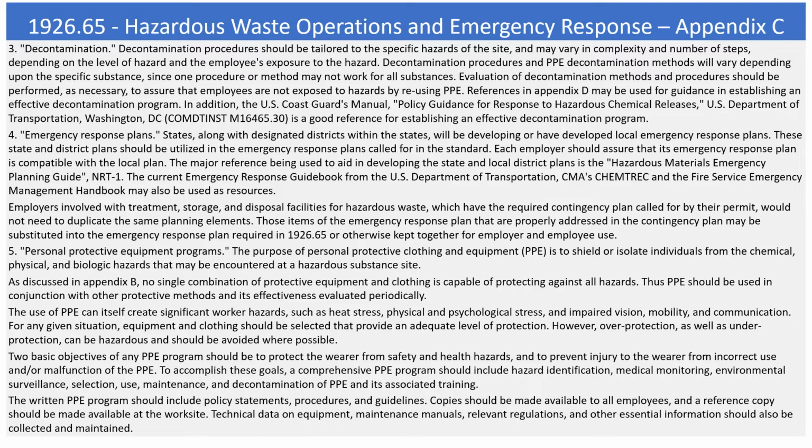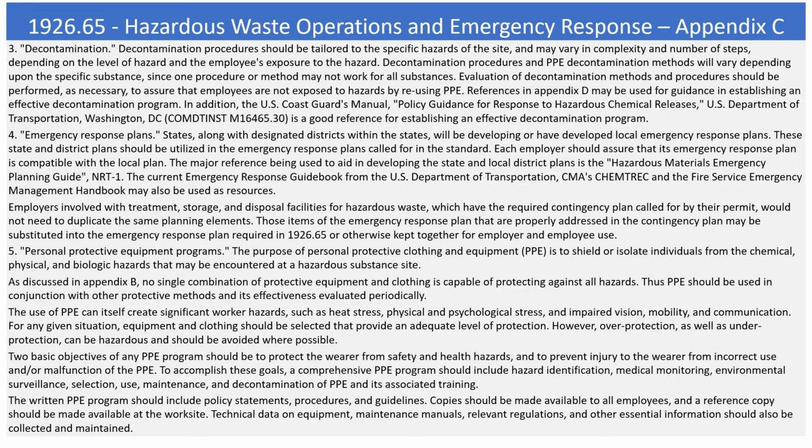The major reference being used to aid in developing the state and local district plans is the Hazardous Materials Emergency Planning Guide, NRT-1. The current Emergency Response Guidebook from the U.S. Department of Transportation, CMA's Chemtrec, and the Fire Service Emergency Management Handbook may also be used as resources.